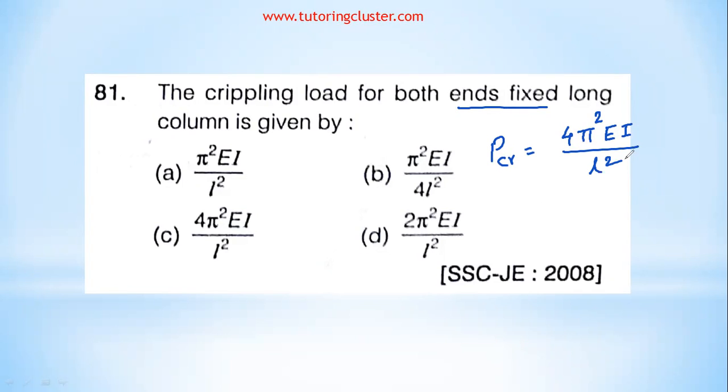Okay, so this is the formula to calculate crippling load if both the ends are fixed. Okay, see how I have reached this. What is the equivalent length if both the ends are fixed? It is L by 2. So what will be the correct answer? It will be 4 pi square EI upon L square, C.